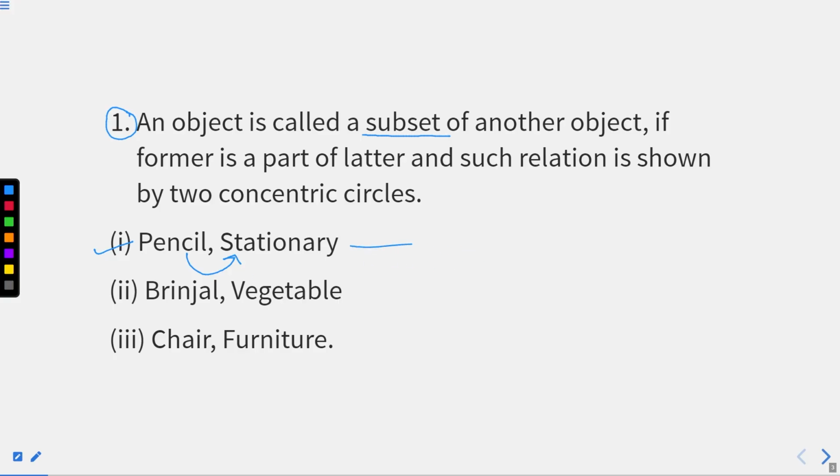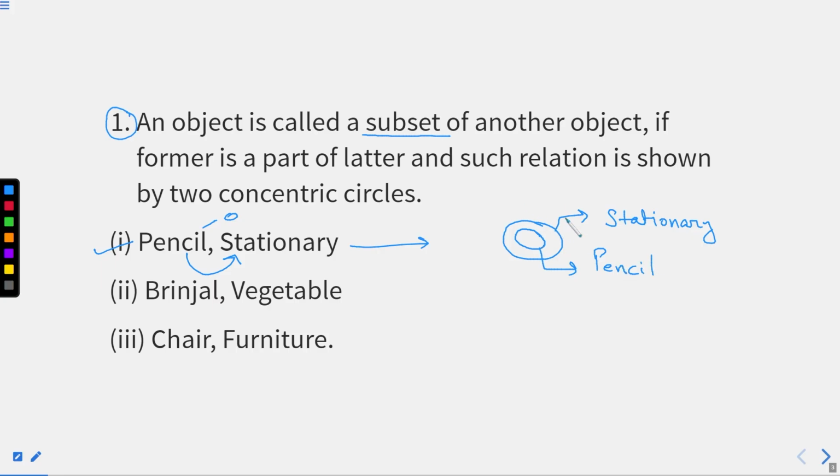So for this part, if I draw a circle, and this circle represents stationery, then as I said, if a pencil is represented by a small circle, where will you find the pencil? Inside the stationery or outside the stationery? It will be inside the stationery. So this small circle is for pencil. I hope this part is clear, right?